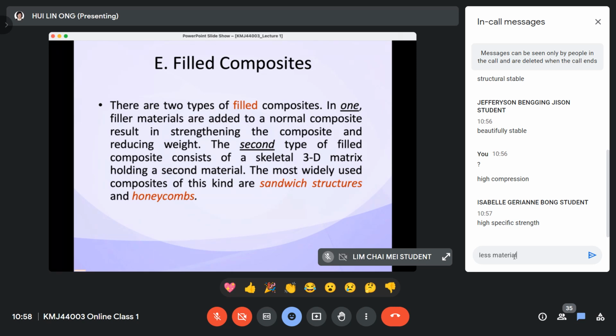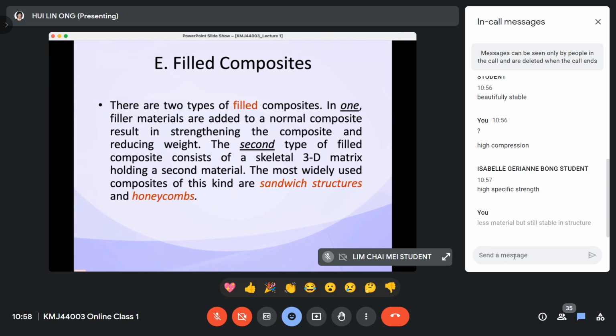The honeycomb structure is empty in the middle, like this. So less material is used, meaning we can save cost. At the same time, as Chai Mei said, this type of structure will make the material strong, and so it becomes so beautiful.